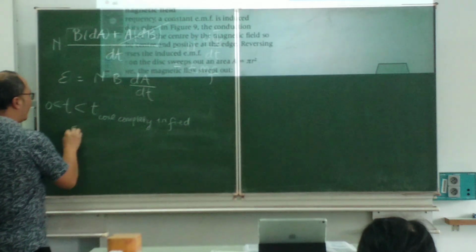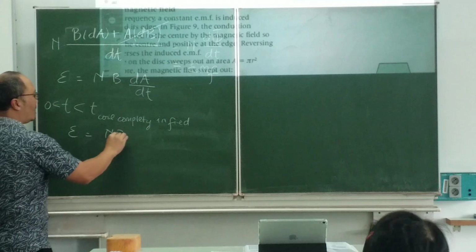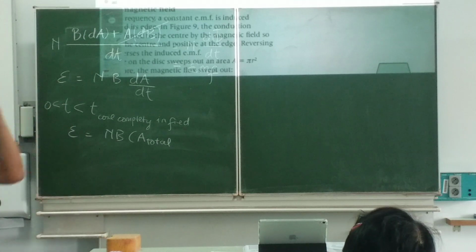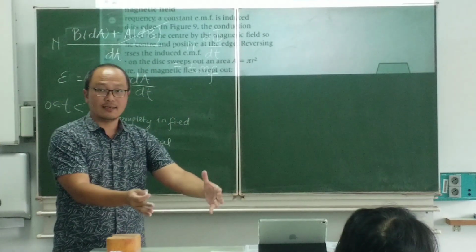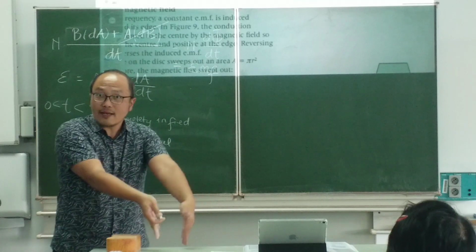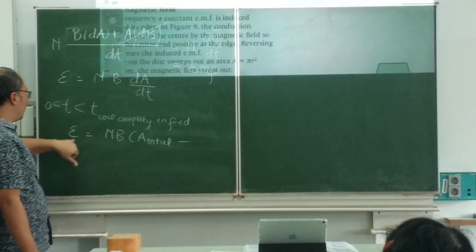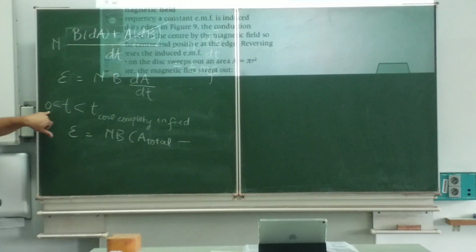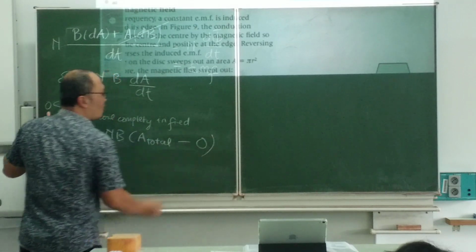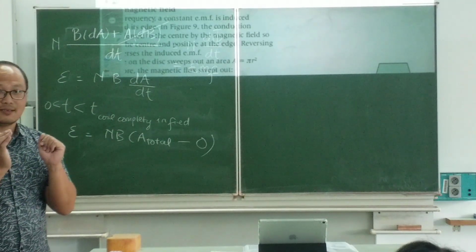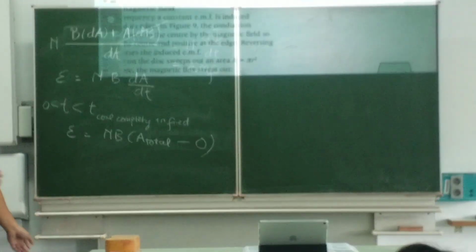Then you have EMF is NB A total, correct? The whole rectangular coil is now in the magnetic field, minus when the coil is not yet there, correct? When the coil is not yet in the field, meaning the area of the coil in respect to the field is nothing at all. And that's the change of the area, correct?